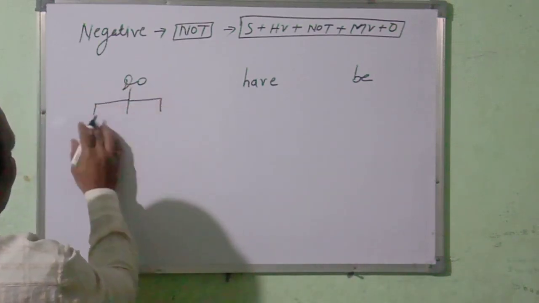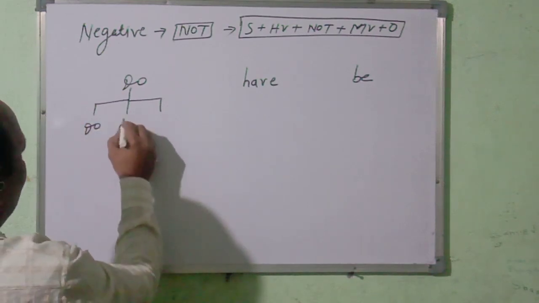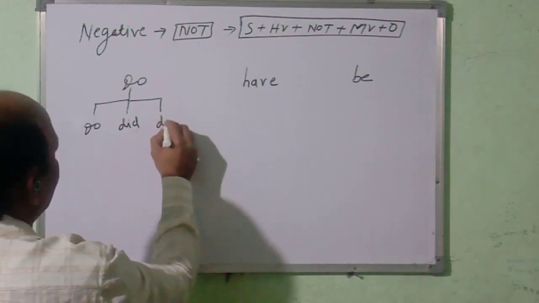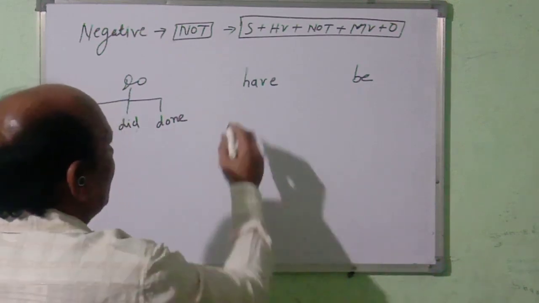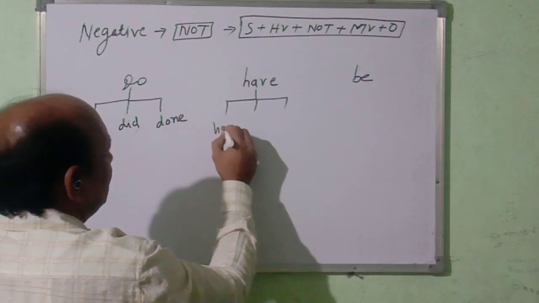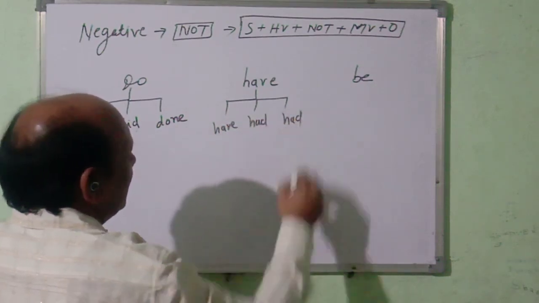The first form of the verb is do. The second form is did, and the third form is done. Have is also divided into three parts: the first is have, the second is had, and the third is also had.